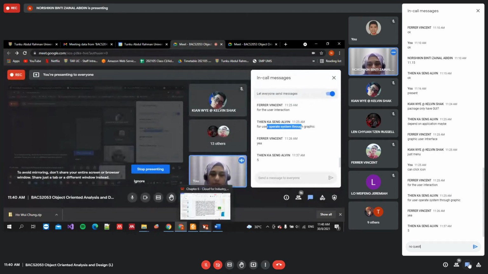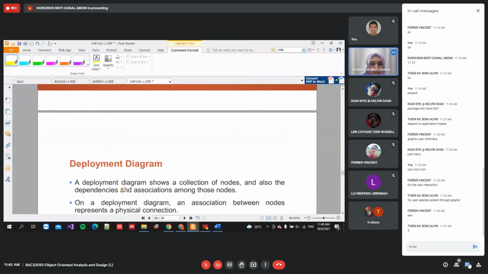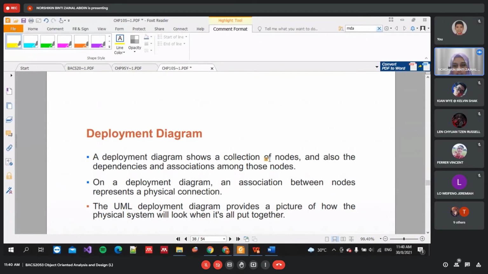So let's move to the next slide, deployment. The deployment diagram shows a collection of nodes. A node is the physical attribute or physical hardware, and also the dependency association among those nodes.